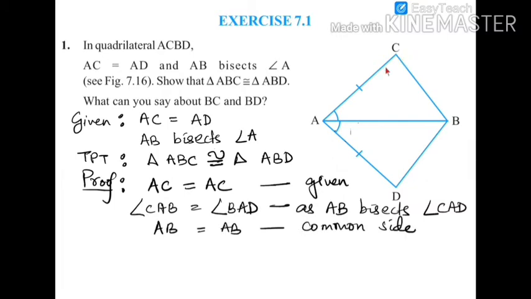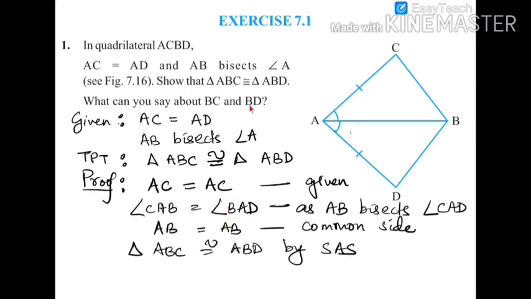So now we have two corresponding sides equal in this triangle and an included angle between these two sides is also equal. So this implies that these two triangles are congruent by SAS.